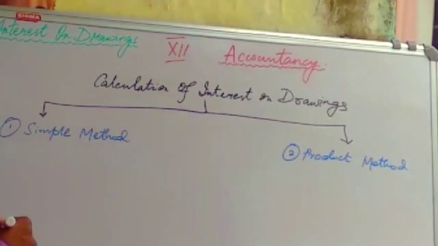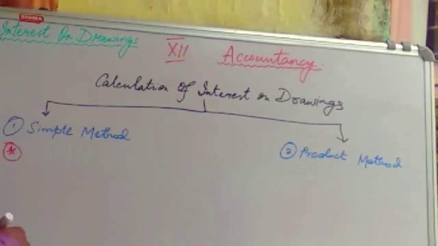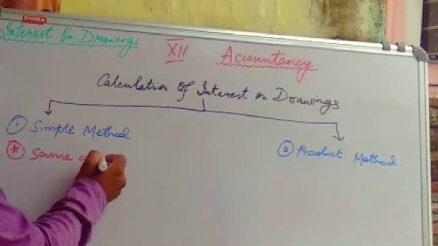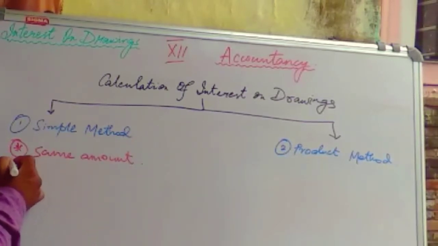In simple method, the partners draw the same amount in the same time interval.